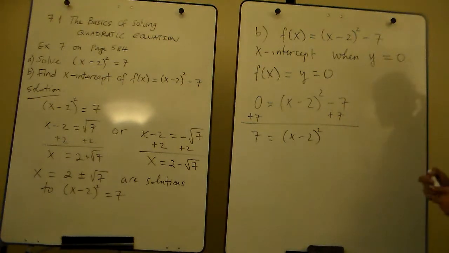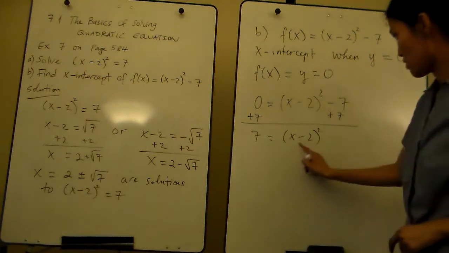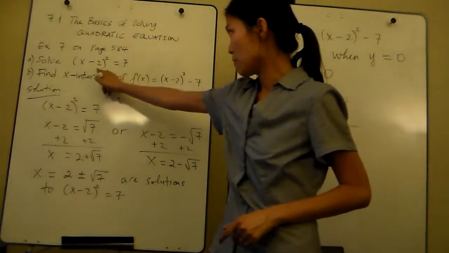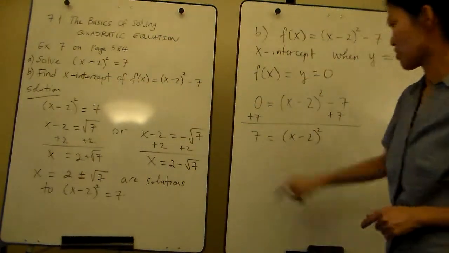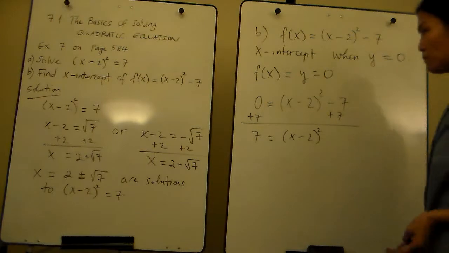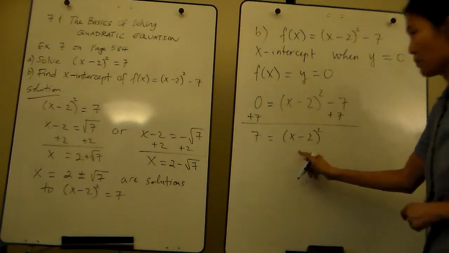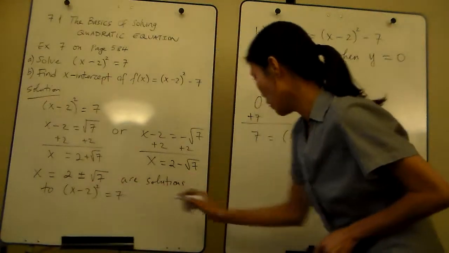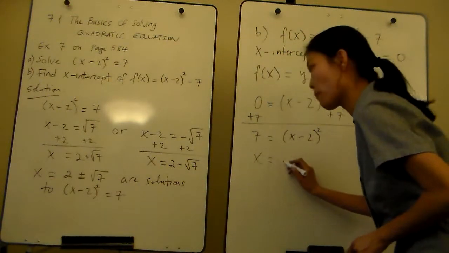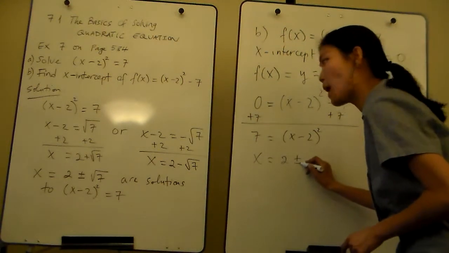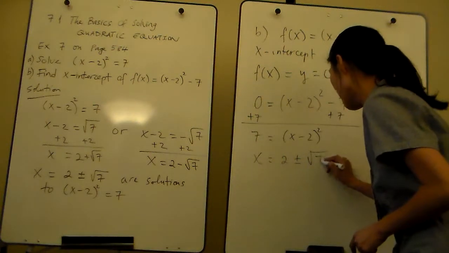Negative 7 plus 7 is 0. So guess what? (x - 2)^2 equals 7. So they are the same. And you know the solutions of this equation, which we saw earlier: x equals 2 plus or minus square root of 7.